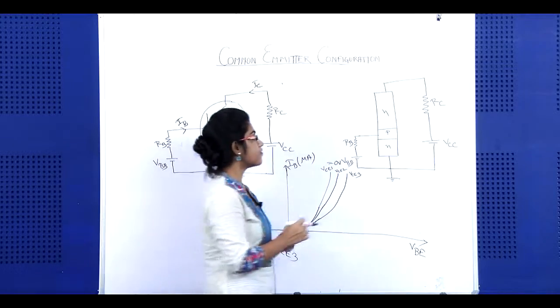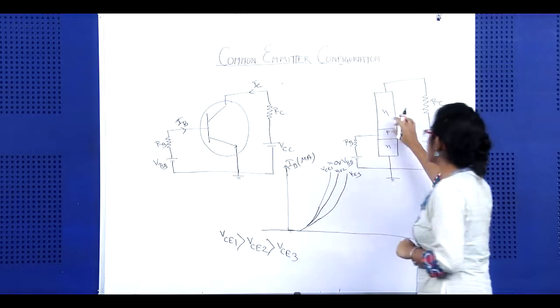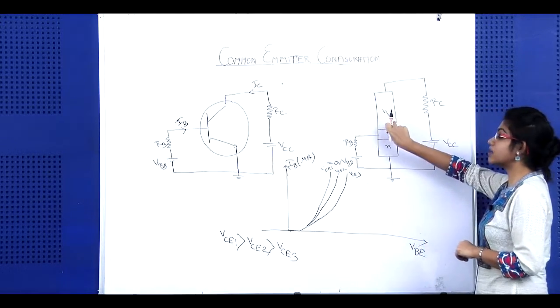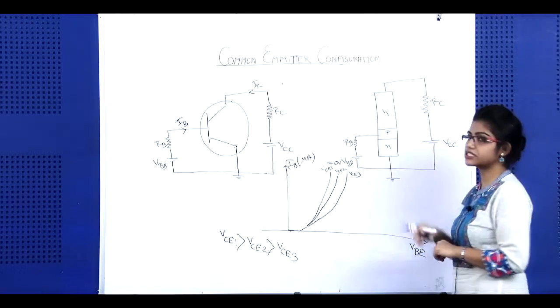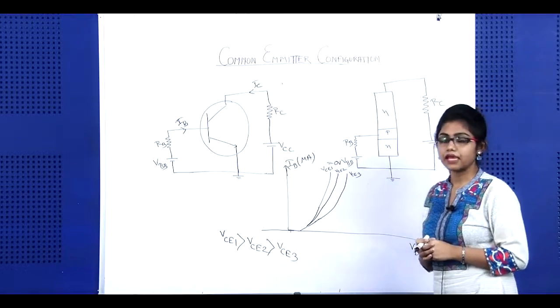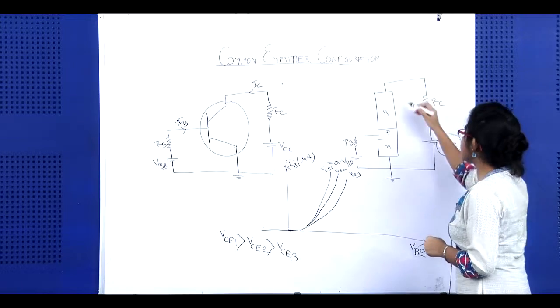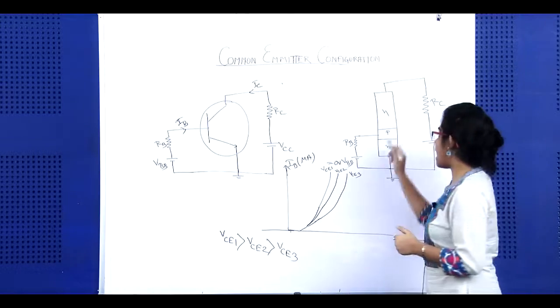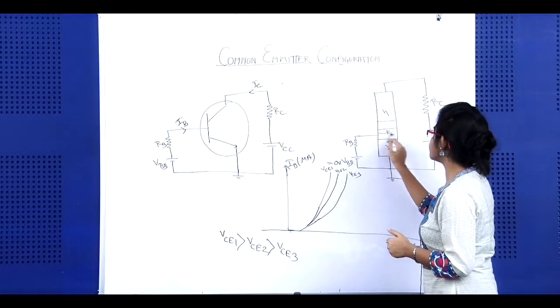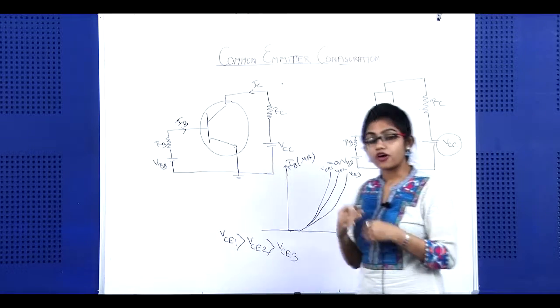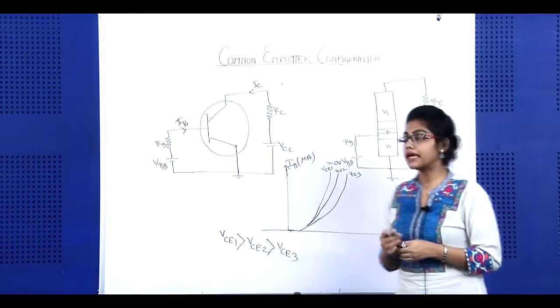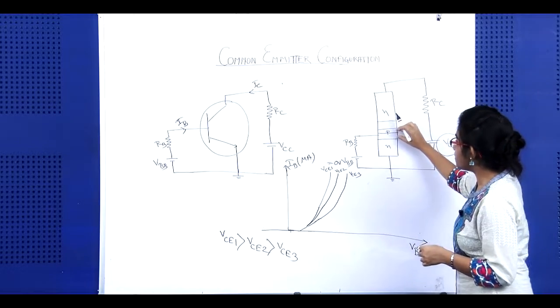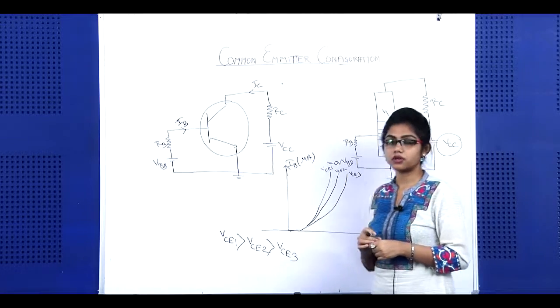If we increase the reverse bias voltage across this PN junction diode, that is the VCE voltage, there will be more depletion layer across this PN junction diode, and for that reason the thickness of the base will become very small.